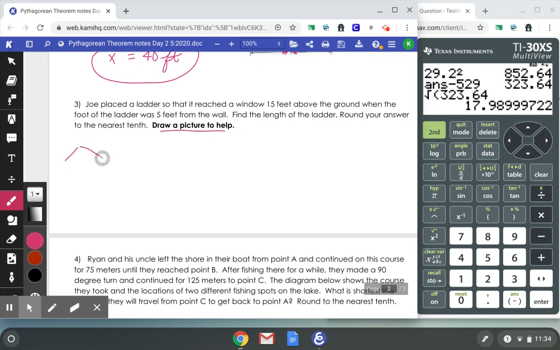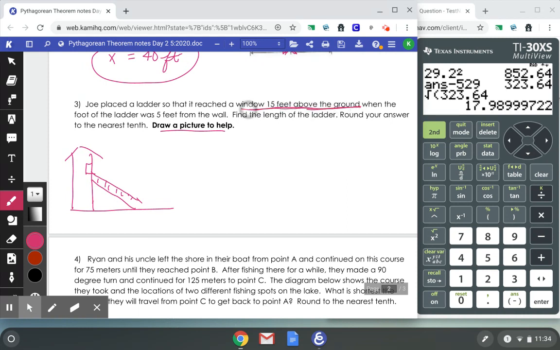Okay, so let's say this is a house, and here is the window. Okay, there's going to be a ladder that's leaning up against the house to reach that window. This is the ground. All right, it says that Joe placed a ladder so that it reached a window 15 feet above the ground.